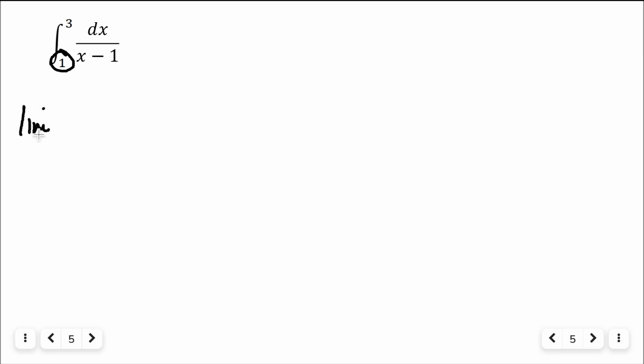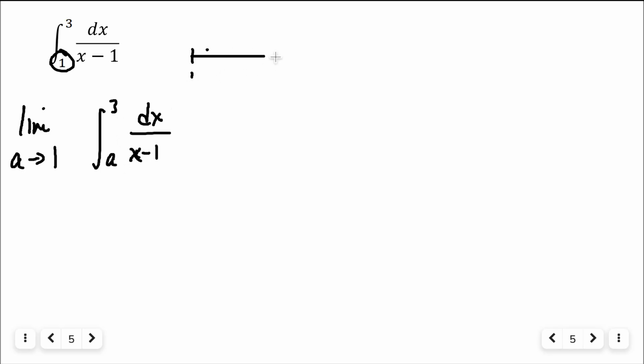So instead, what I'm going to do is find the limit as a approaches 1, and we'll fill in the rest in a minute, from a to 3 of dx over x minus 1. Okay? Now, as a approaches 1, remember, we want to be careful. We don't want a to approach 1 from both directions, right?